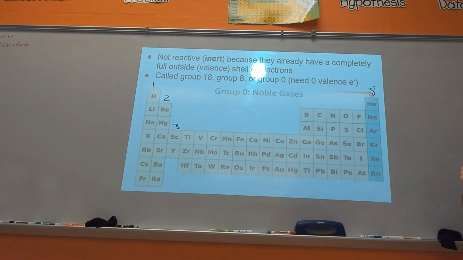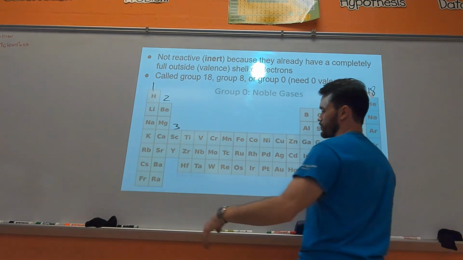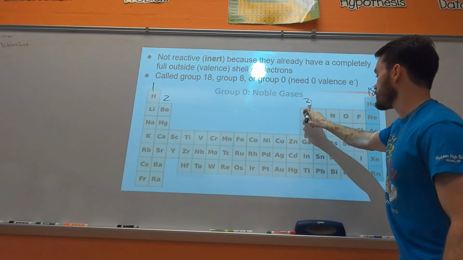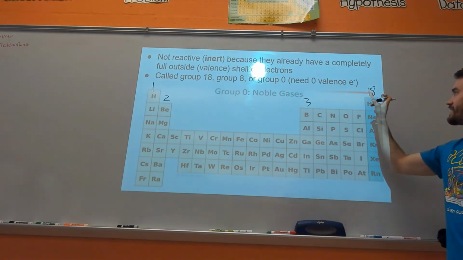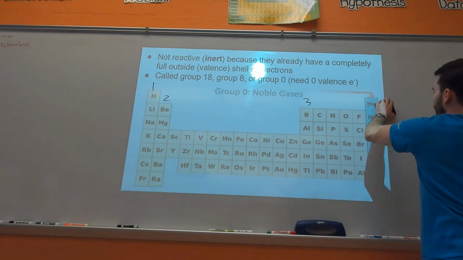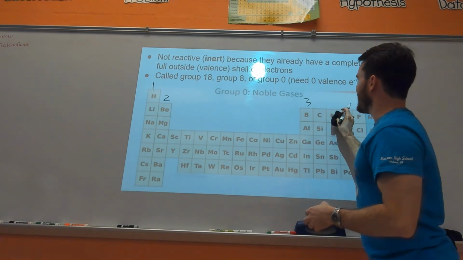But say you're like, who cares about the transition metals? They're weird. You go 1, 2, skip the transition metals, and count 3 here, then you would get to 8.